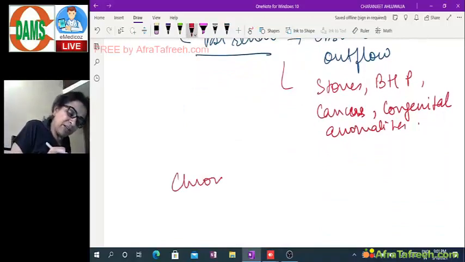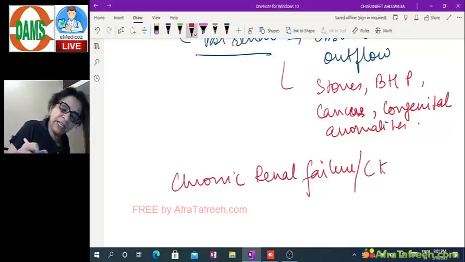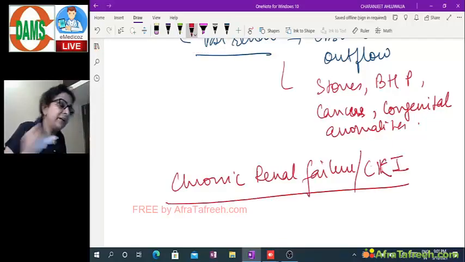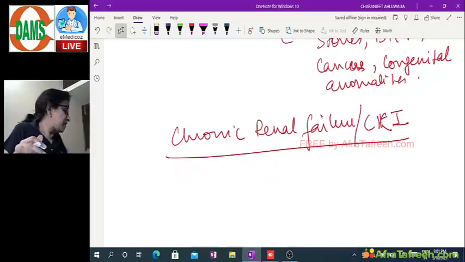Similarly, we have chronic renal failure, or chronic kidney injury. AKI and CKI, chronic kidney injury. So what is this? This is slow loss of renal function.